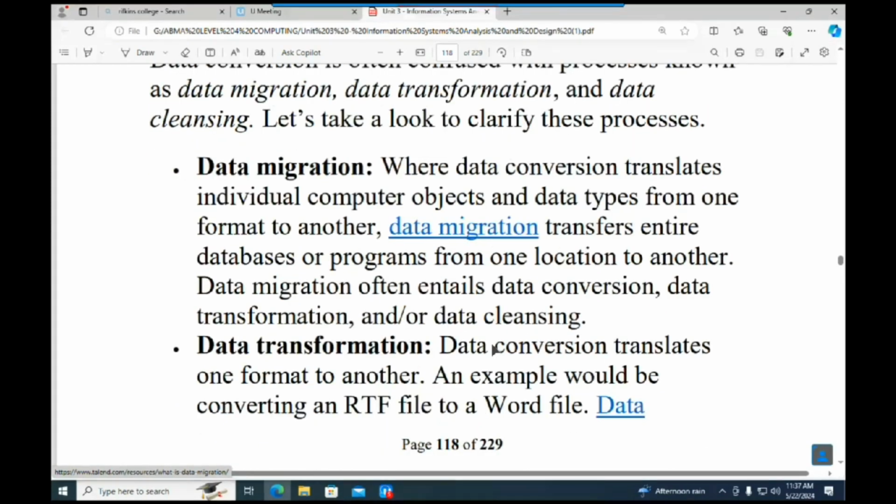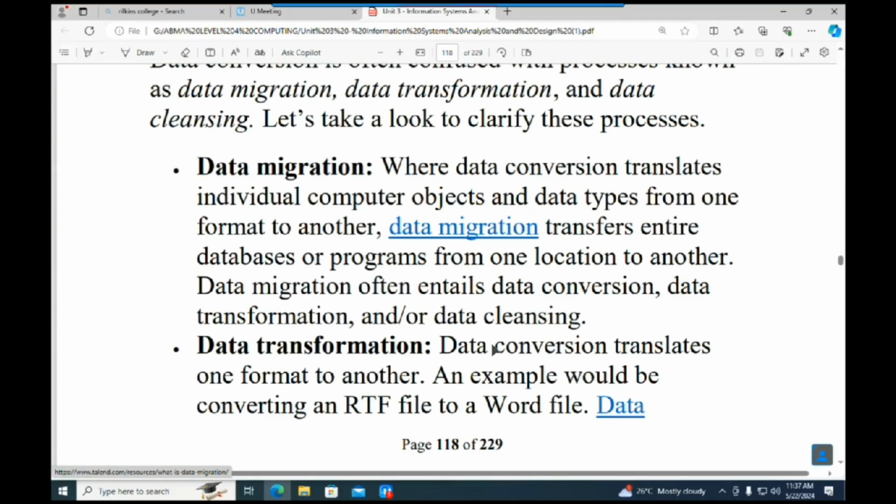Let's look at data migration, for example. When we do data conversion, we are changing the computer data from one format to another. But when we are talking about data migration, we are moving. In other words, we are transferring the entire database or program from one location to another.